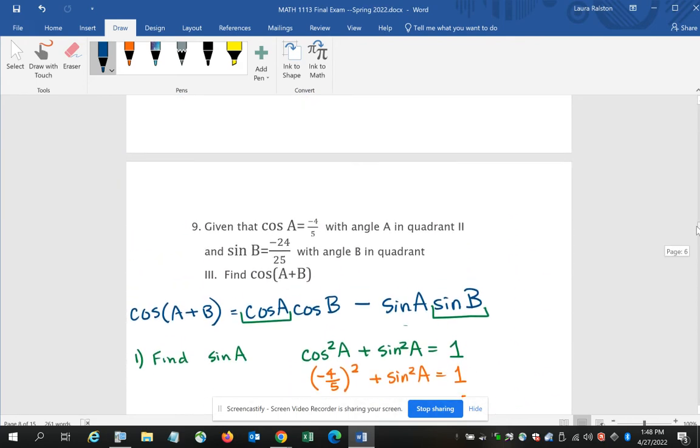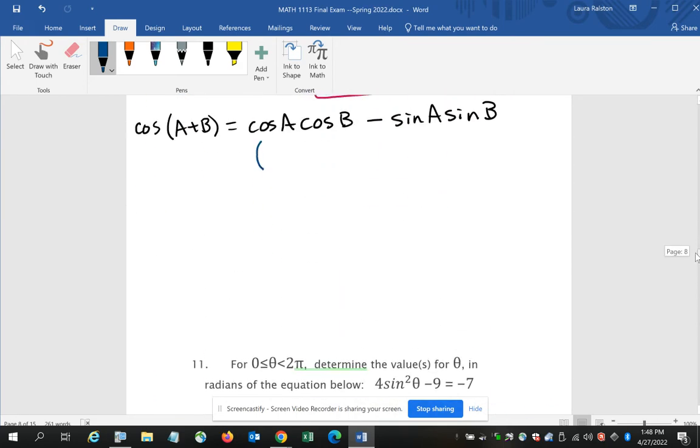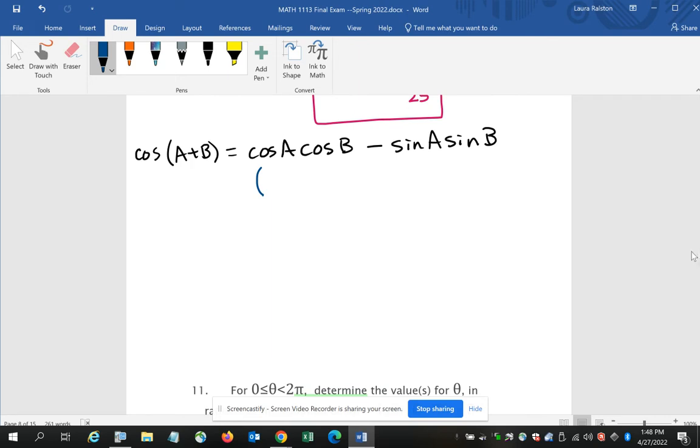Cosine A was negative 4/5. Cosine B was negative 7/25. Minus the sine of A, which was 3/5, times the sine of B, which is negative 24/25. And I'm going to do the math.